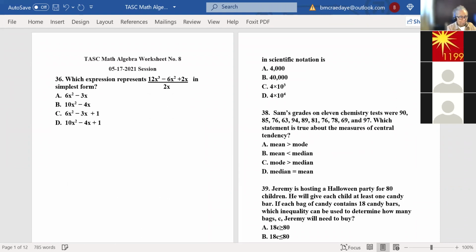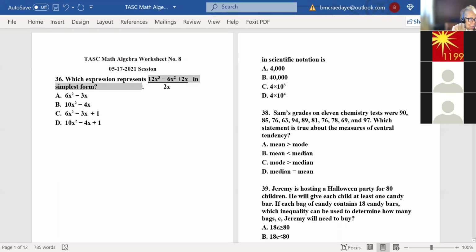X. That's a division. You have an expression divided by 2x, another expression, 2x. Equal. Now, when you have this, you've got to divide each of these expressions by this 2x. All right.